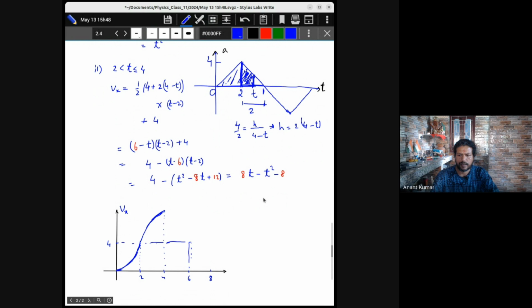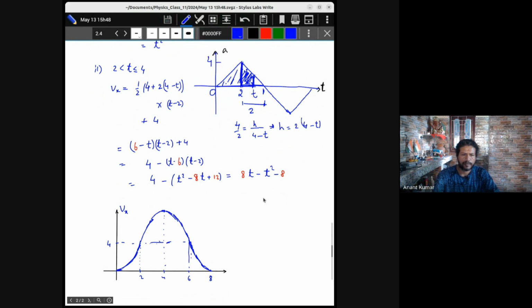So instead of actually computing, we could simply extend it in a symmetrical way, drawing a mirror image like this, and then it just goes down to 0. That is how the velocity-time graph looks in this case.